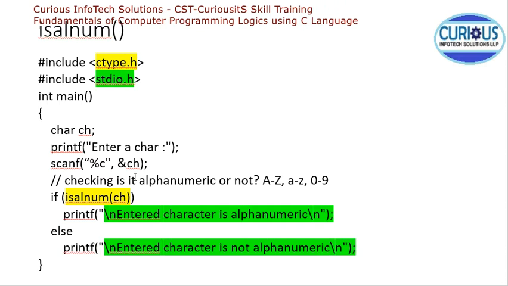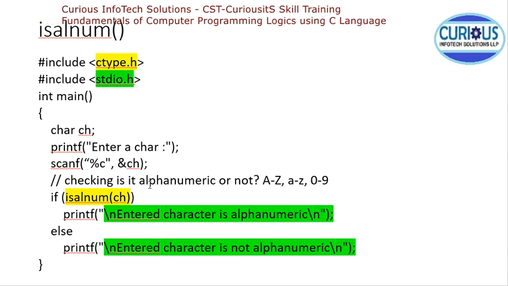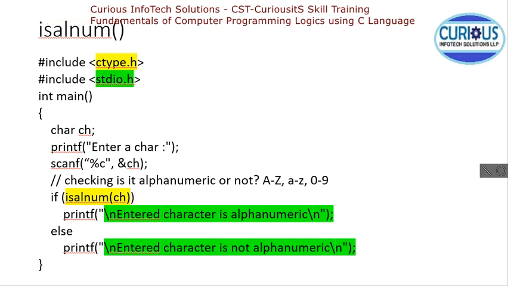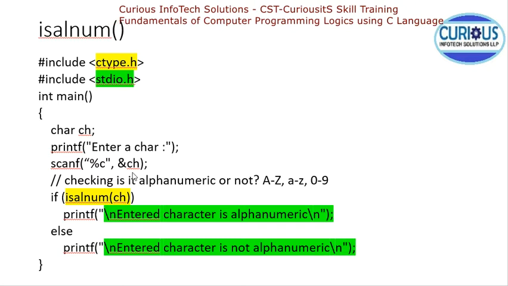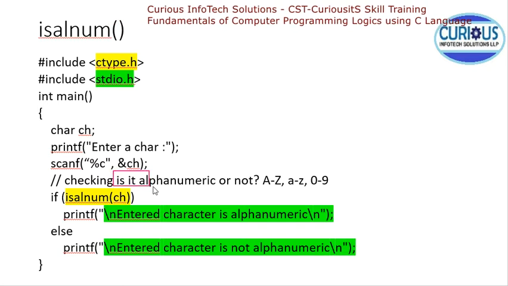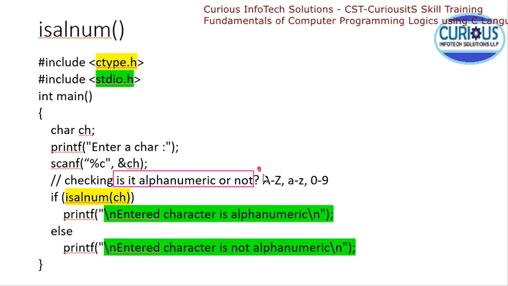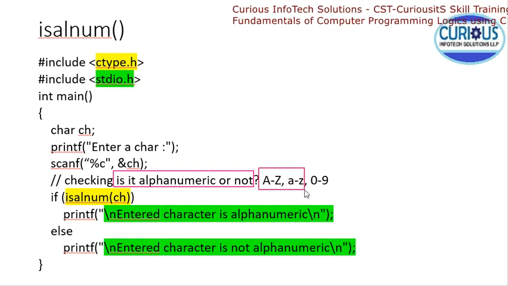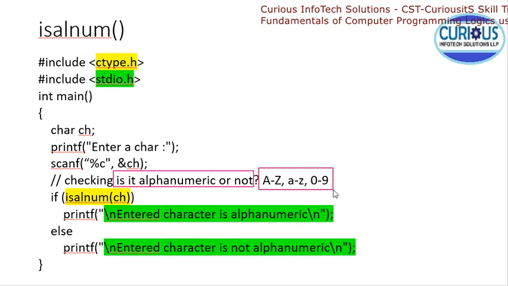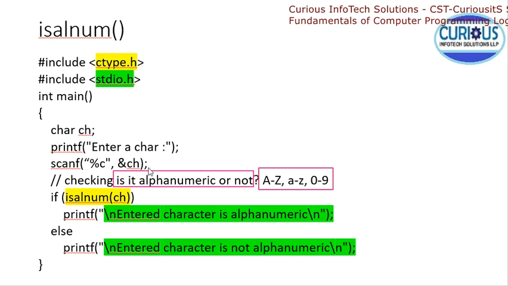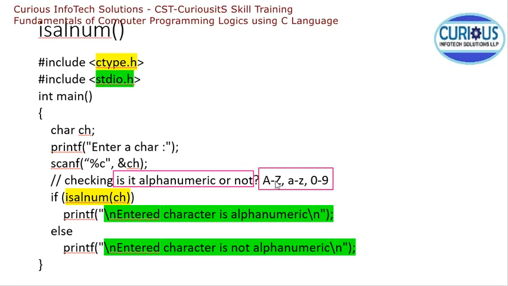Let's say I want to find is alphanumeric. तो कैसे फाइंड आउट करेंगे, देखिए. चेक इज इट अल्फा न्यूमरिक और नॉट. अल्फा न्यूमरिक मीन्स you have A to Z small and 0 to 9. So here we will check whether input belongs to this or not.